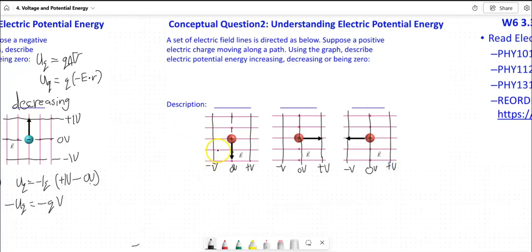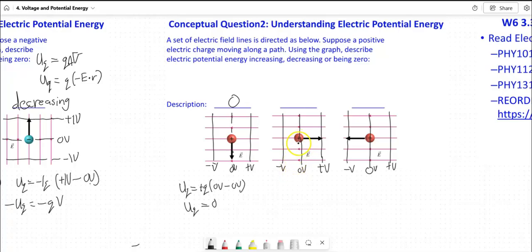So in this case, this guy is just moving on that potential line. So this potential energy is a positive Q, where its potential voltage change is 0. So this is equal to 0. Here, the electric field is pointing to the left.